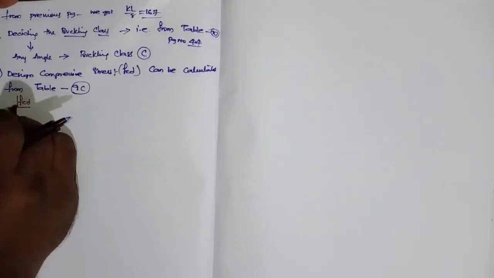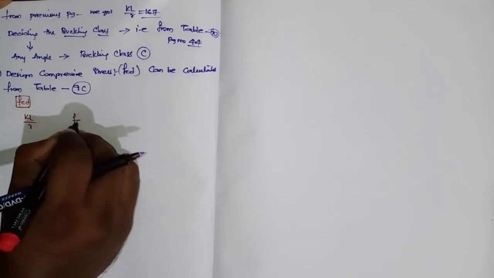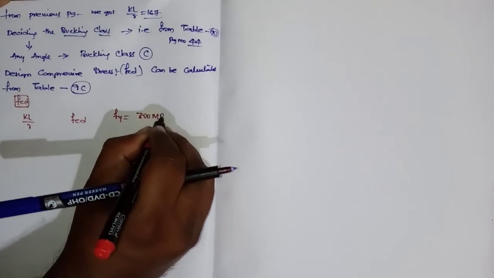Now fcd from table number 9 is for KL by r and fcd for a particular fy of 300 MPa.